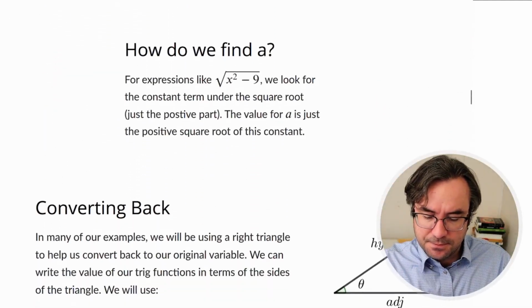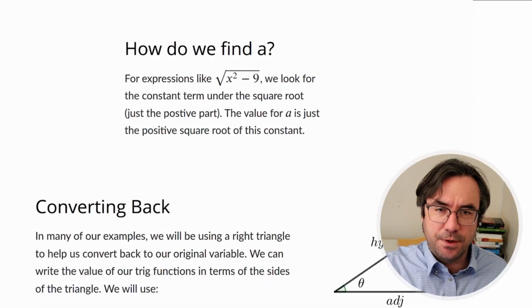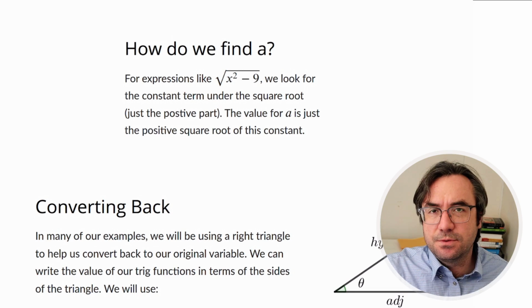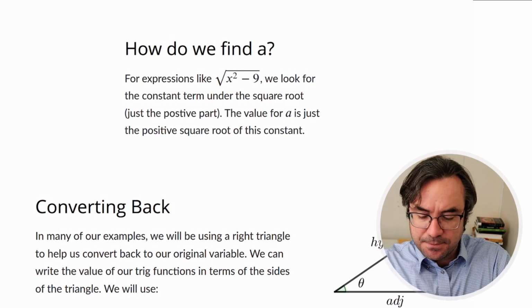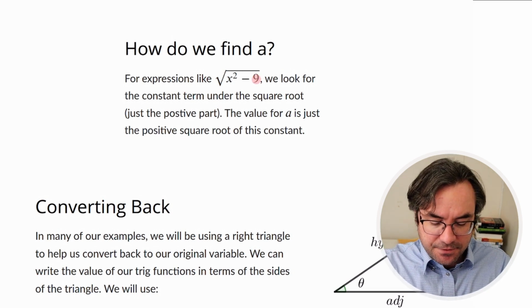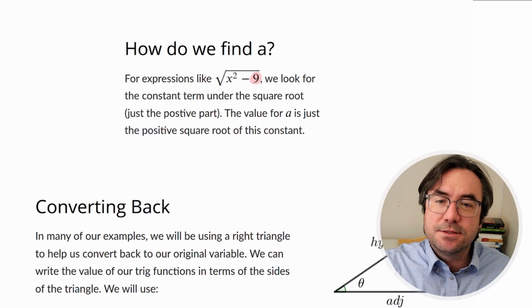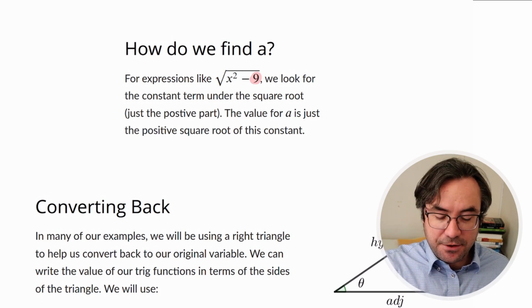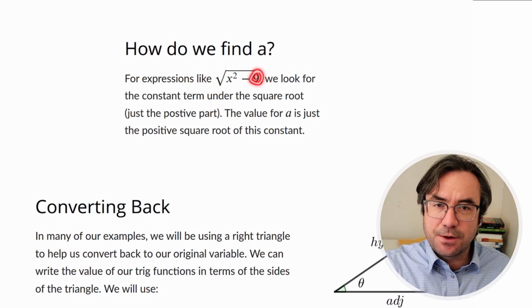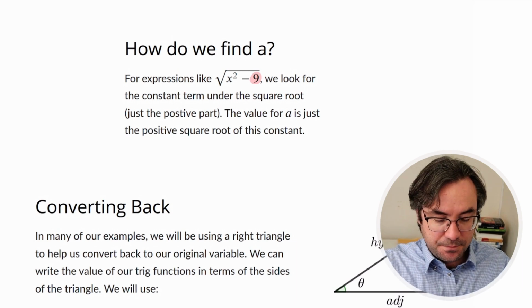So let's take a look at that. For the first example we're doing, we have this x squared minus 9. So how do we decide what a is? Well, you see what constant you have. In our case, it's a 9. And the a value is just the positive square root of this number.